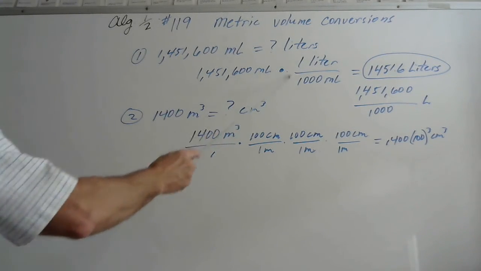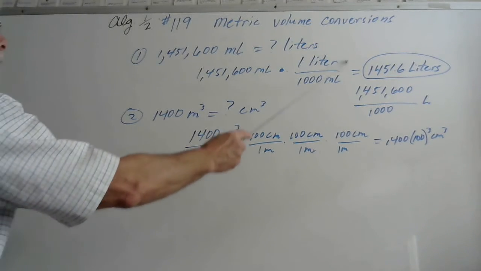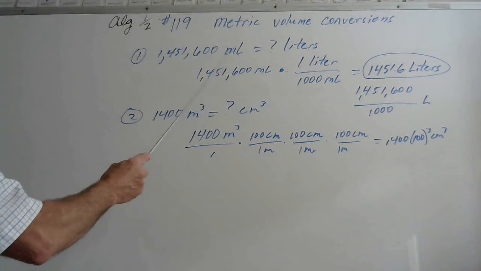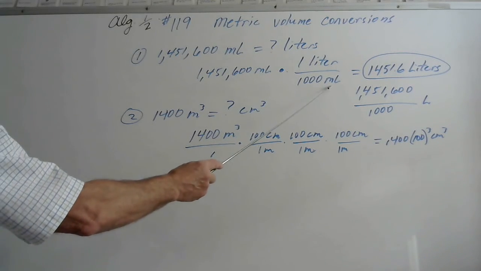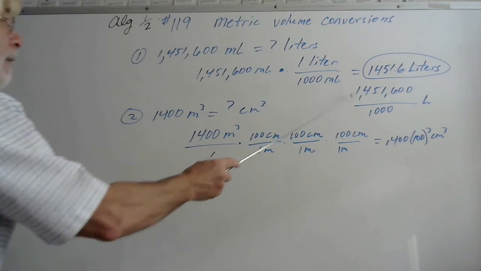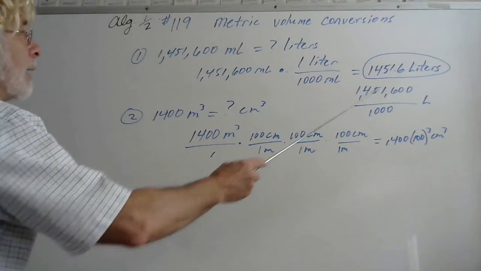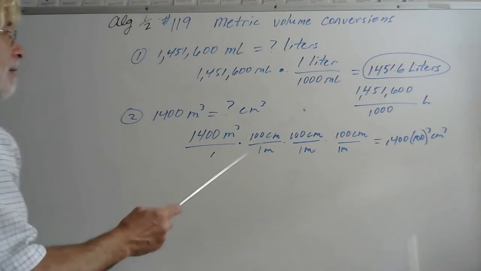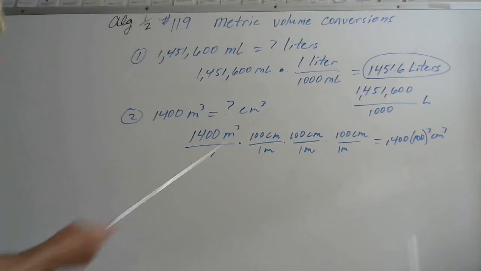You'll need to remember this because you'll have this in your lesson. So it's a simple conversion, only one step: milliliters to liters. You can leave this as my answer, or I could reduce it to 1451.6 liters if I divided this out. I would accept either answer there.